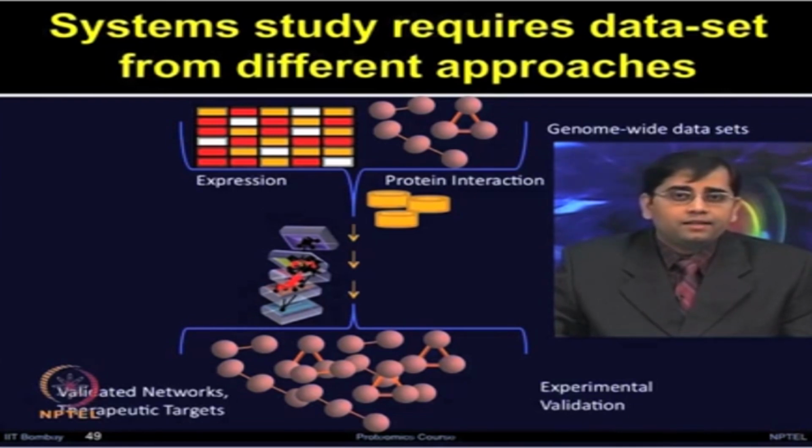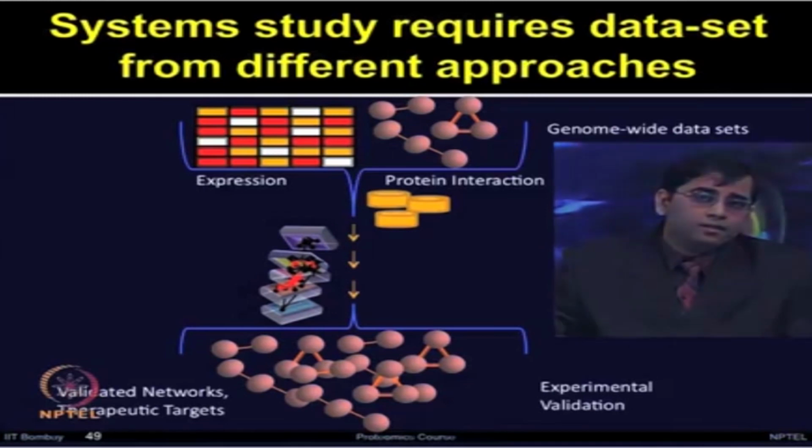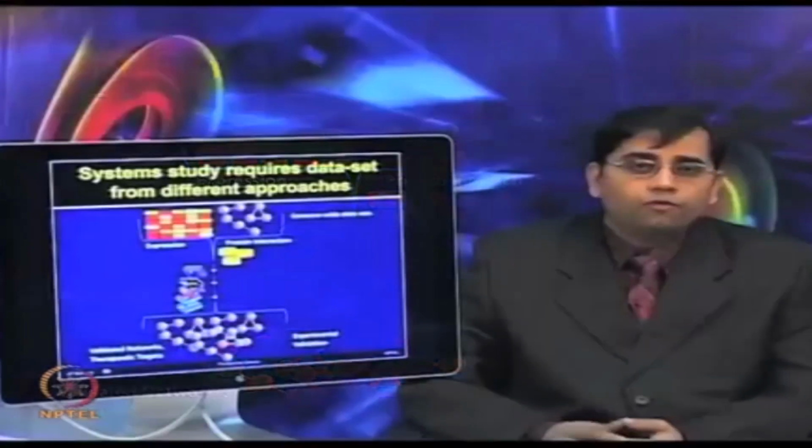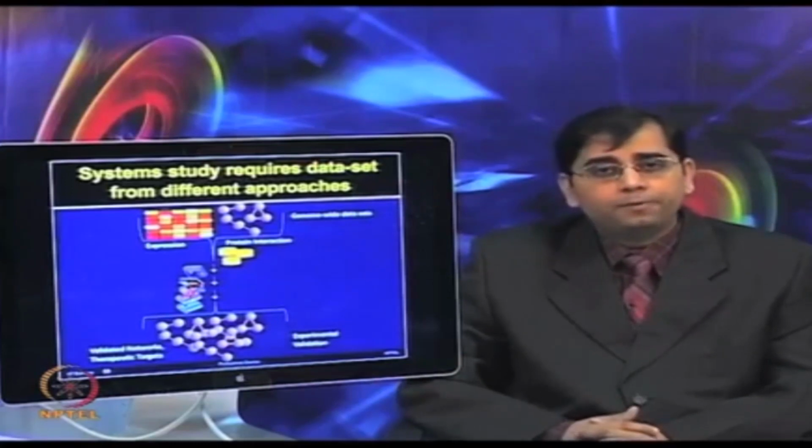These data sets can be stored in the clinical databases, and also it can be mined from the literature by manual curation. Then integration of the orthogonal data sets further can be used for validating the networks and identifying therapeutic targets. Further, it can be used for experimental validation.